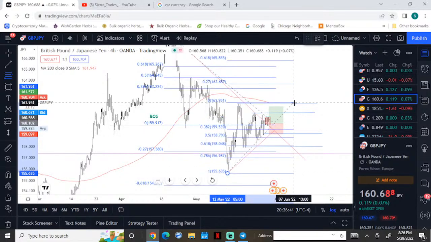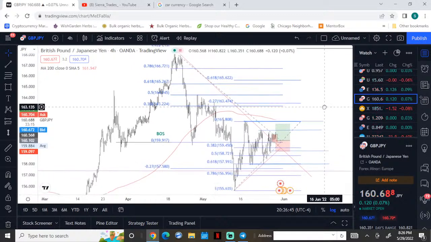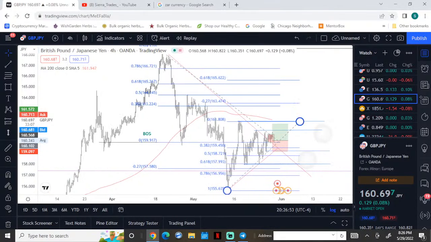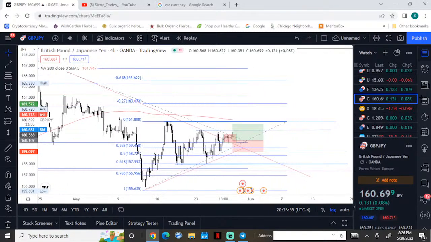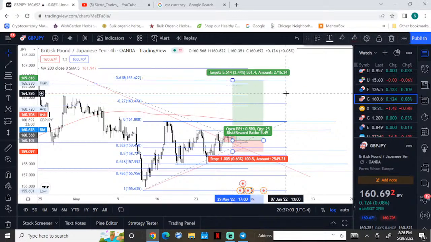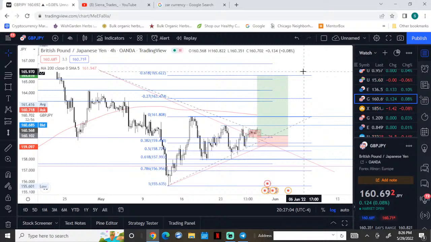Got a plate A and a plate B. A, B, C, double bottom. Oh, look at that. Double bottom on the 618. And it hasn't come up to touch TP1 yet. Nice, nice, nice.